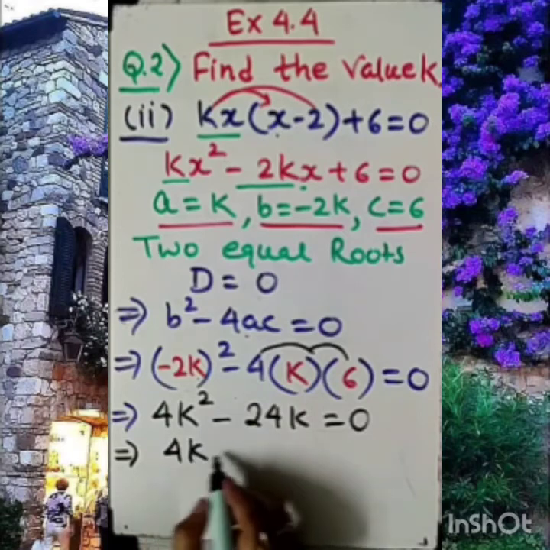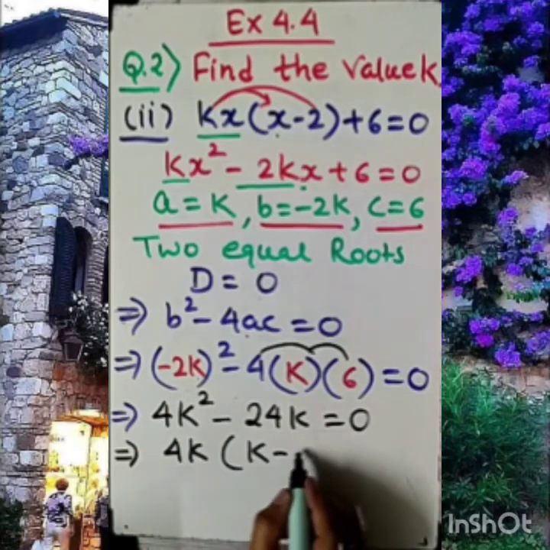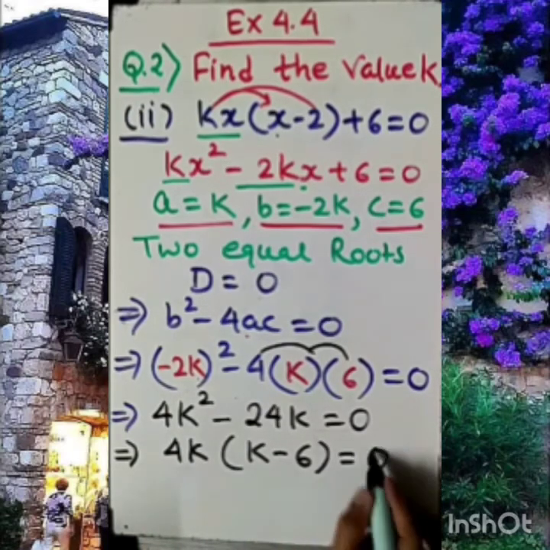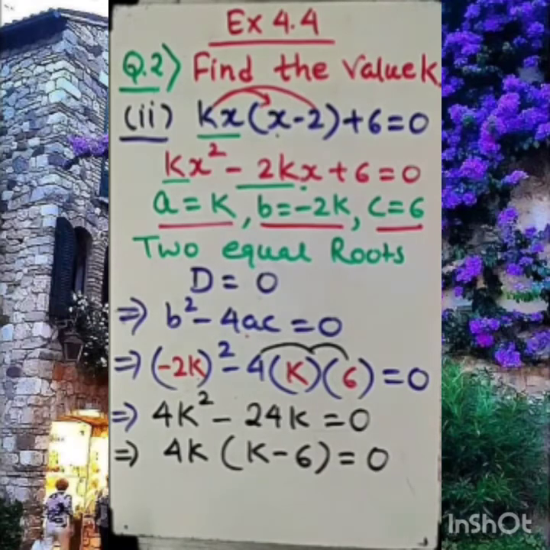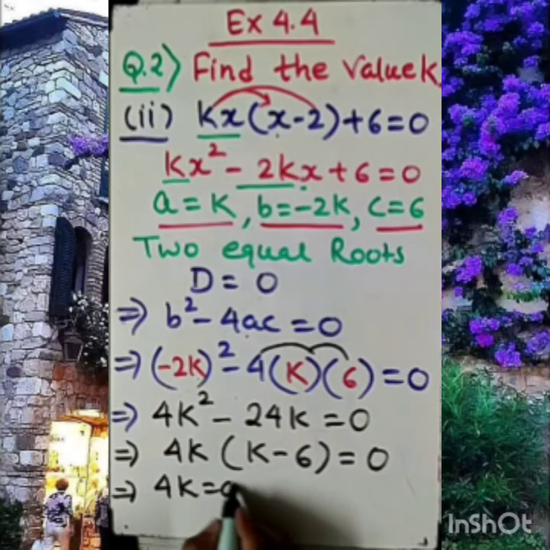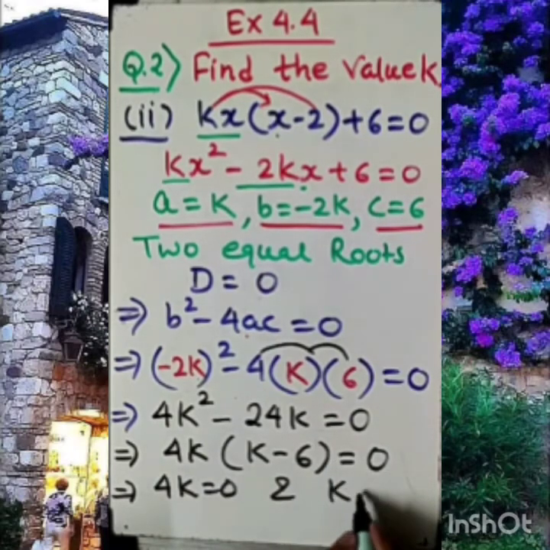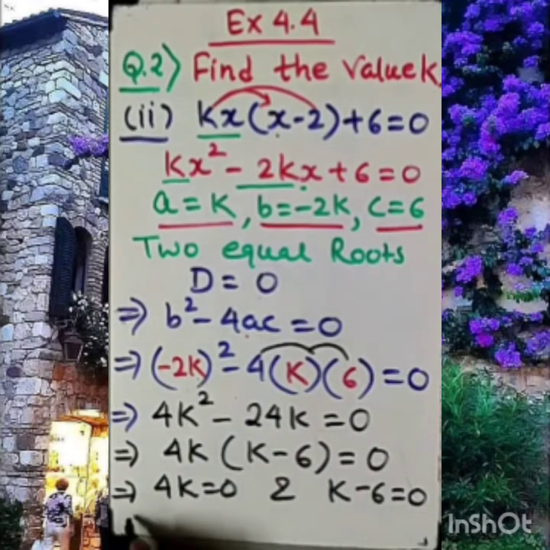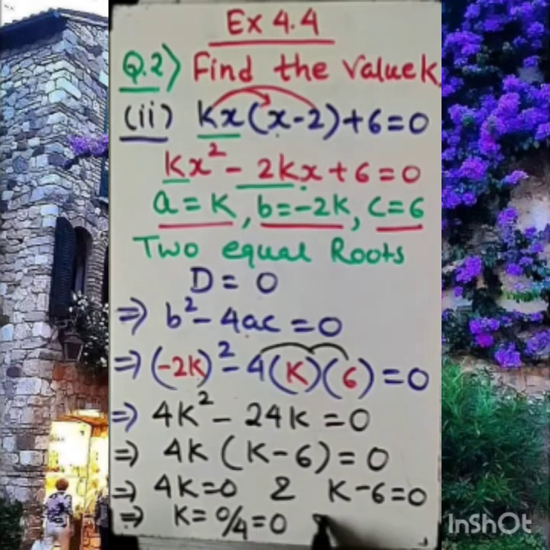From this term also 4k common, so k will be left, and 6 from 24. Simple. Now it means that 4k equal to 0 and k minus 6 equal to 0. It implies that k equal to 0 divided by 4 is 0, 0 divided by any number is always 0, and here k equal to 6.